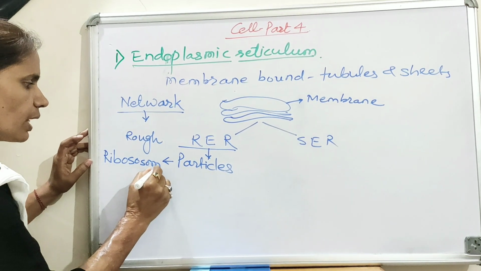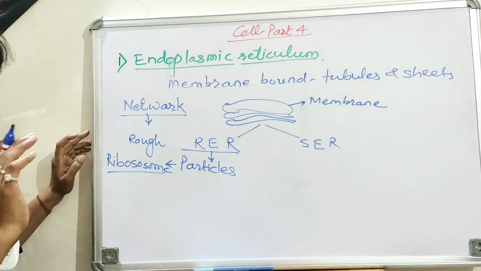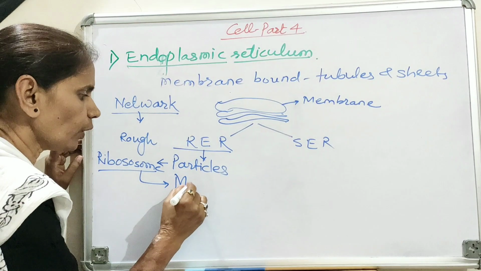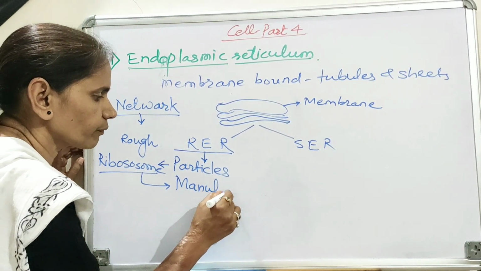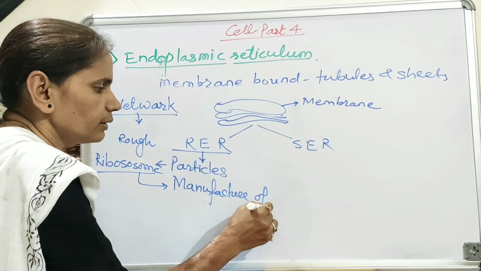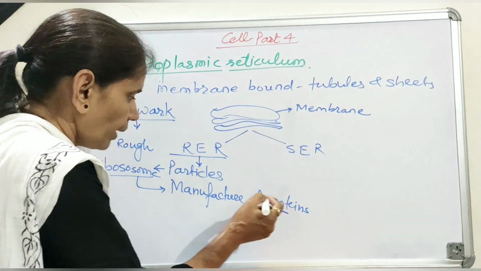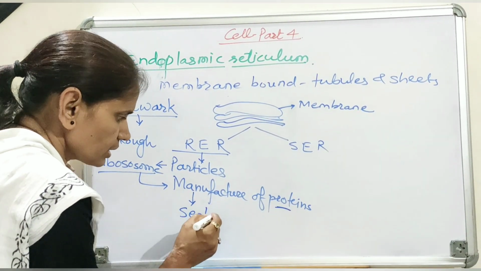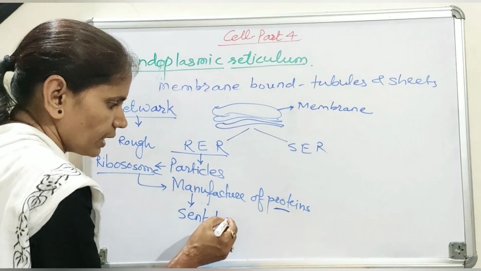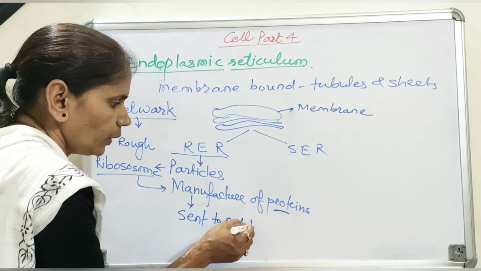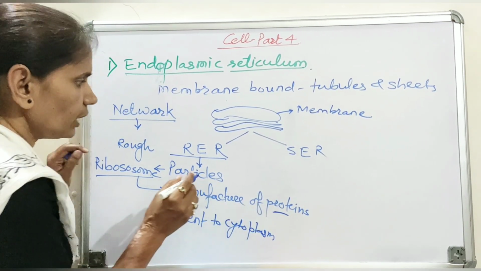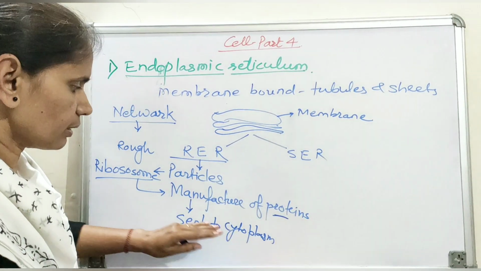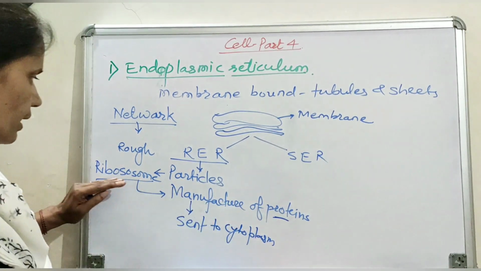These ribosomes are present in all active cells, and they are the sites of manufacture of proteins. The proteins manufactured by the ribosomes are sent to various regions of the cytoplasm via the endoplasmic reticulum. So here the role of the rough endoplasmic reticulum is the transfer of the proteins synthesized on the ribosomes.